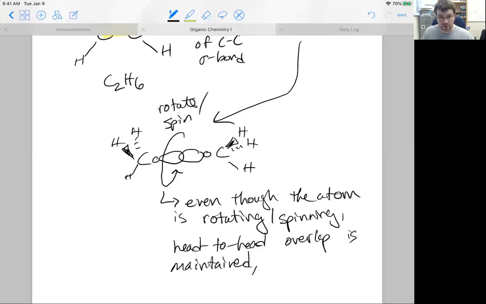If head-to-head overlap is maintained, then the sigma bond stays intact. So the sigma bond isn't going anywhere. It's not breaking or disrupting.